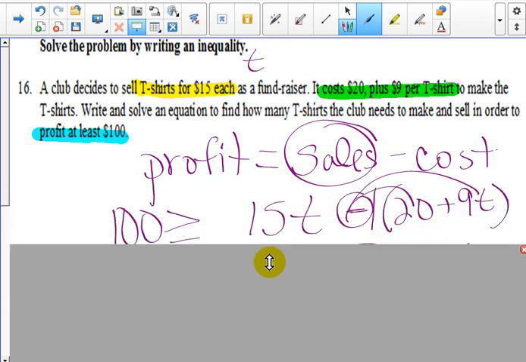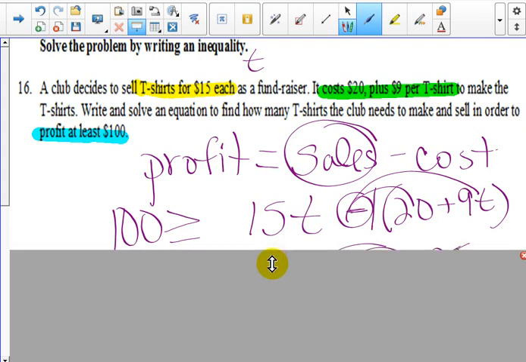So our first step is to say we want to profit at least 100, so 100 is greater than or equal to our t-shirt formula, which is going to be 15t minus 1 times the cost, 20 plus $9 per t-shirt.